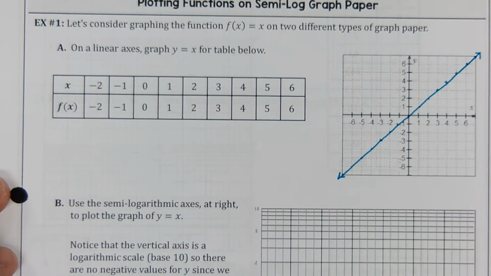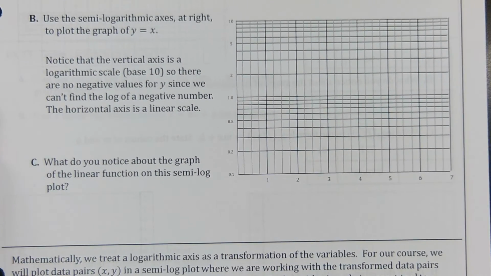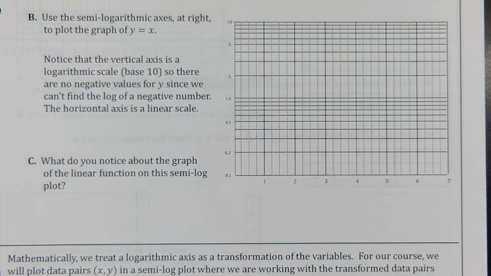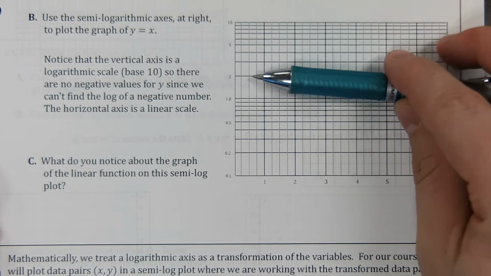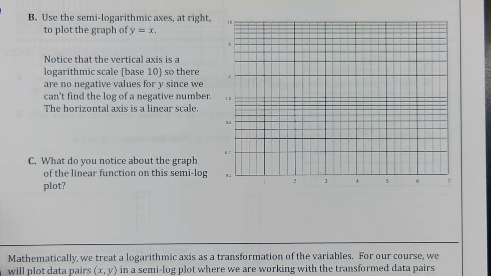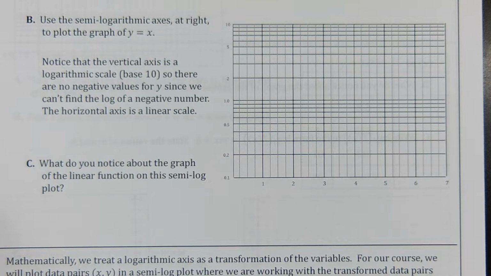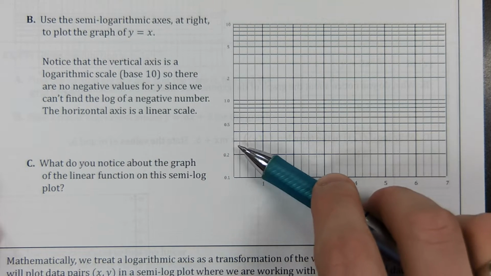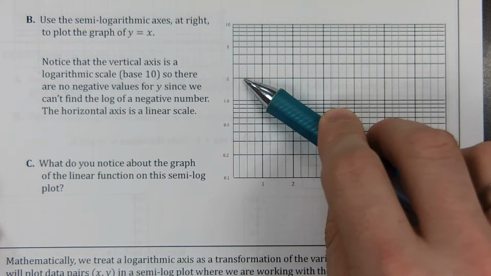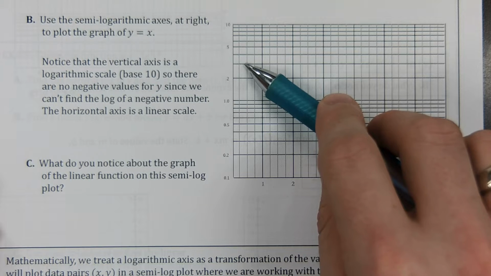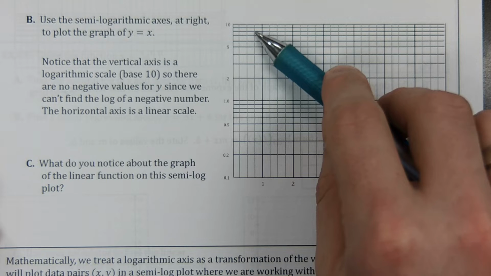But what happens if we take our linear data and use this semi-log plot? Notice, please, that the y-axis has a very strange scale. The x-axis is still linear, it's still counting by ones. But look at this y-axis: 0.1, 0.2, 0.3, 0.4, 0.5, 0.6, 0.7, 0.8, 0.9, 1, 2, 3, 4, 5, 6, 7, 8, 9, 10.